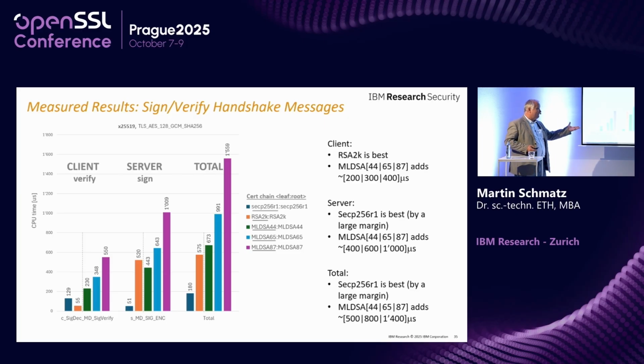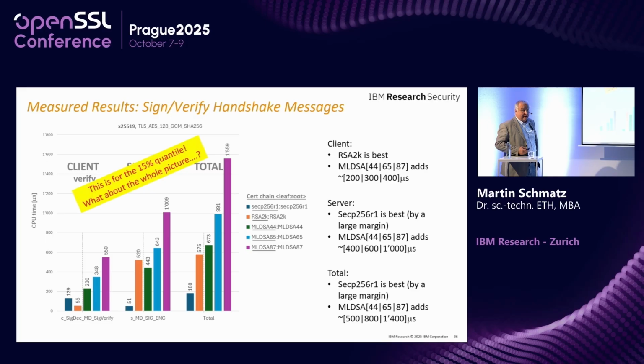So at the end, we end up with, compared to the P256, something like 500, 800, 1.4 milliseconds, which already is kind of a lot. Right? So you also can see how much more work the server actually has to do. So this is for the 15% quantile, the fastest you can get.